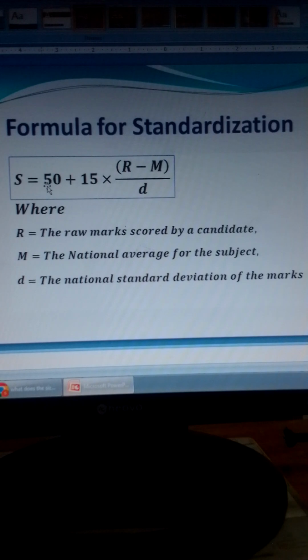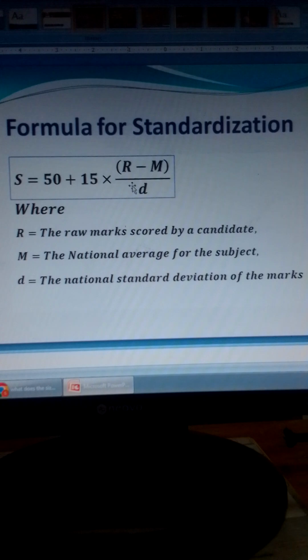Alright, so we use this formula. S is equal to 50 plus 15 into R. The raw score for this student was 50 out of 50. It was 50 minus the mean, the national average, which was 26.9 out of 50, divided by the standard deviation, which was 10.26 for this subject.